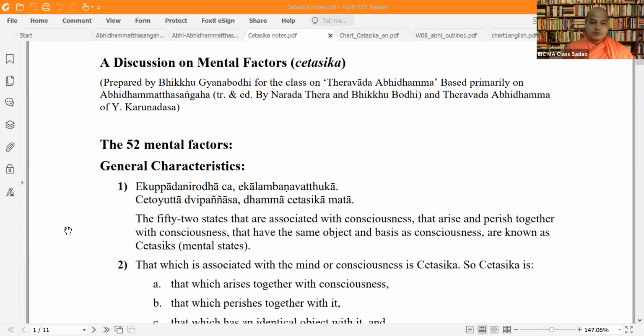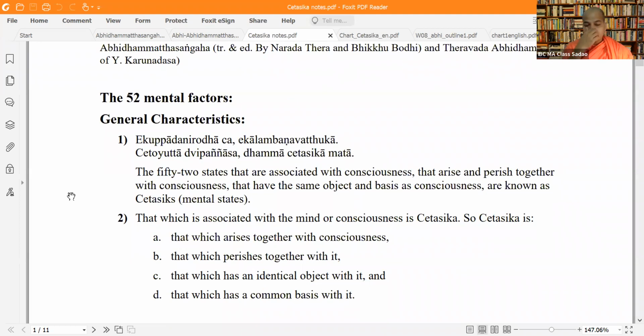So a certain number of Cetasikas arise together with Chitta. It is very clear if you look at the beginning verse, which we can read together. Ekupada nirodhacha ekalambana vattuka, chetuyutta dvipanyasa dhamma chetasika mata. What it says is that there are altogether 52 Cetasikas associated with consciousness, as we have been discussing.